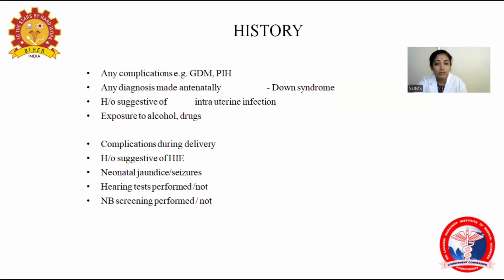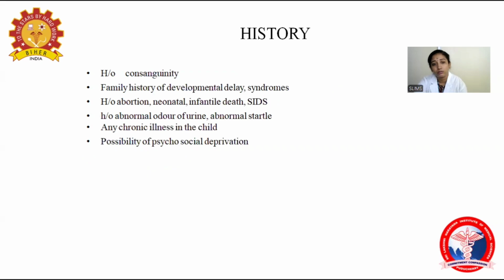We ask about complications during delivery, like prolonged labor or birth trauma, history suggestive of hypoxic ischemic encephalopathy, whether the baby had neonatal jaundice or seizures in the postnatal period, and whether routine tests like the hearing test and newborn screening were performed.